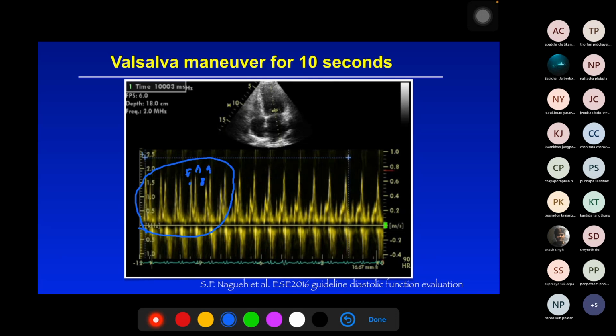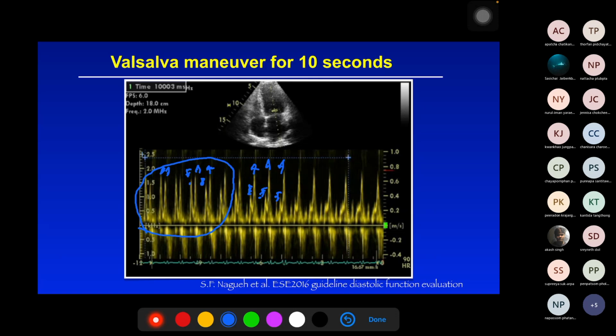E, A, E, A. You see the E wave is decreased to here. A, E, A, E, A. You see the E wave is significantly decreased, over 50%. So this patient has grade 2 diastolic dysfunction.